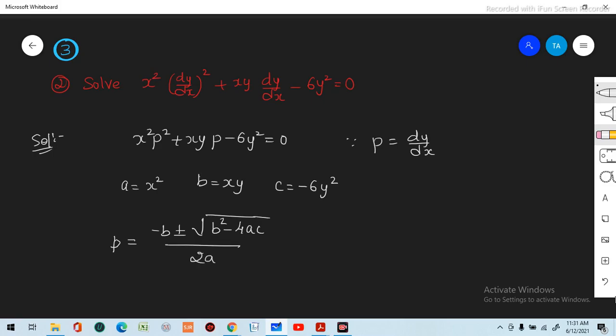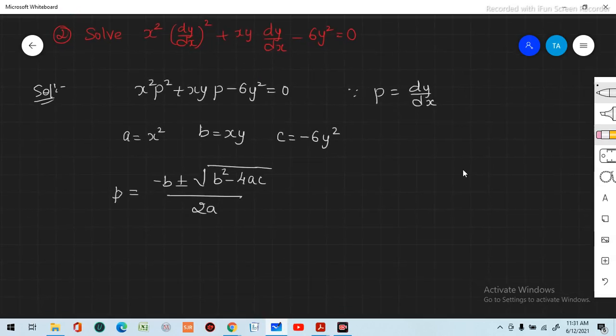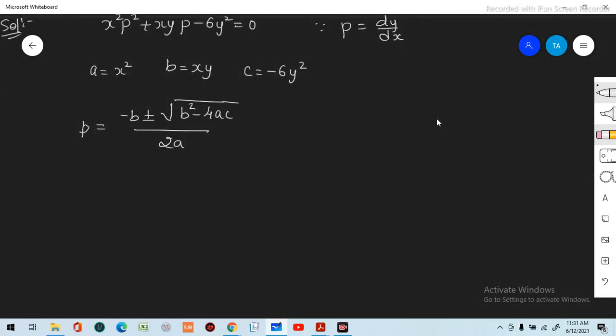Now I will substitute the values of a, b, c and find the value of p. This is equal to minus xy plus or minus square root of xy whole square minus 4 into x square into minus 6y square.